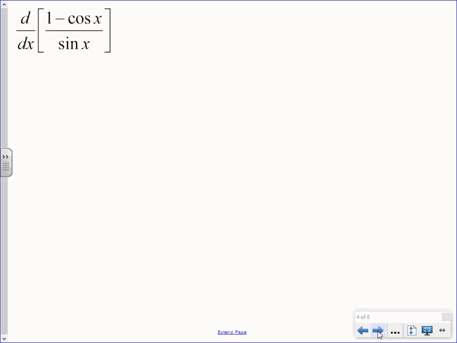Okay. All right. So this is a quotient. We can use the quotient rule. Is there another way we can do it? Yes. What is that? Do 1 over sine minus cosine over sine.